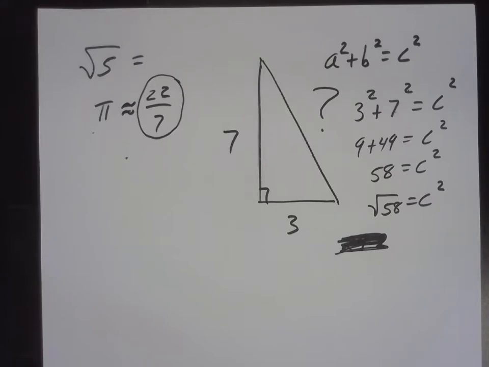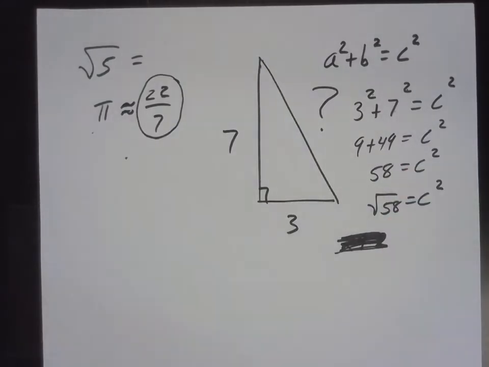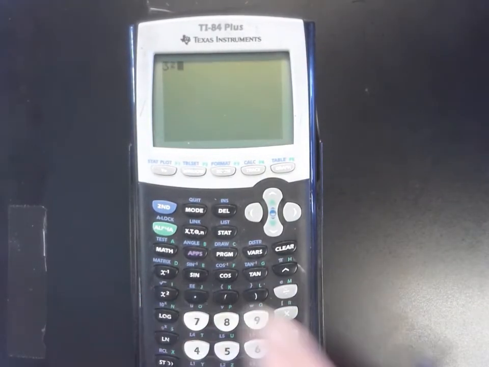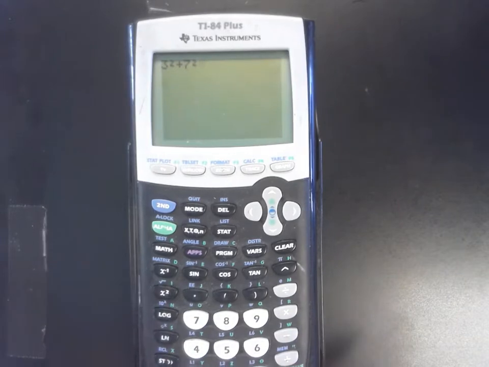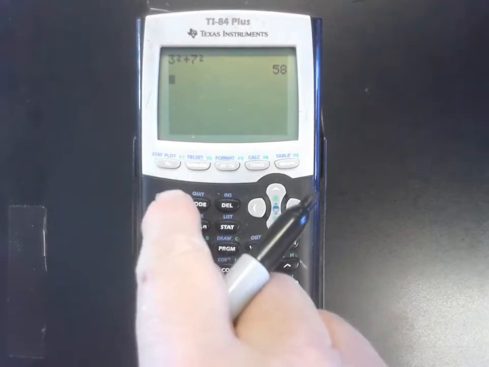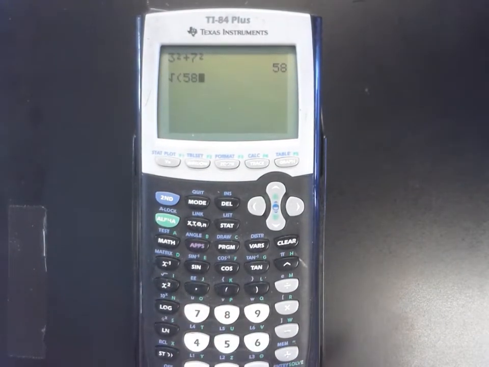If I were just going to do this on my calculator and get a decimal answer, I would probably do something like this. I would say 3 squared plus 7 squared, enter. And now if I need the decimal for the square root of 58, say to 1 decimal or 2 decimals, how am I going to do this? Am I going to go, okay, second function, 58, and hit enter?